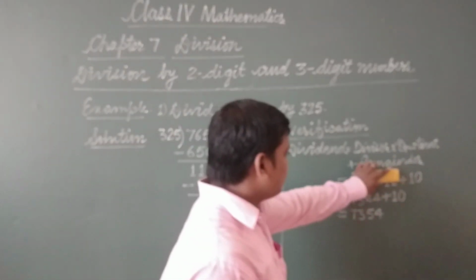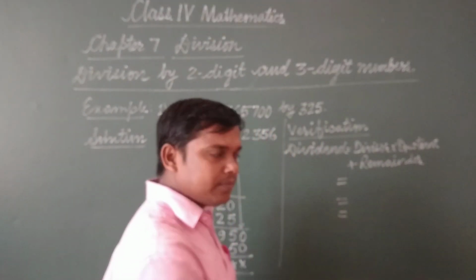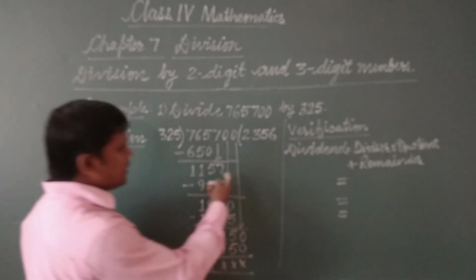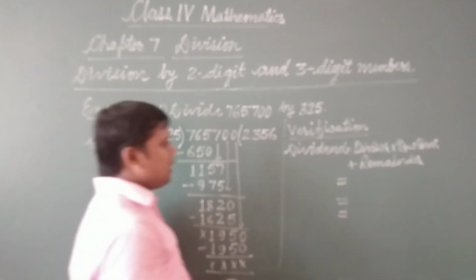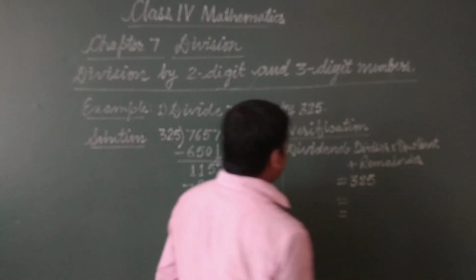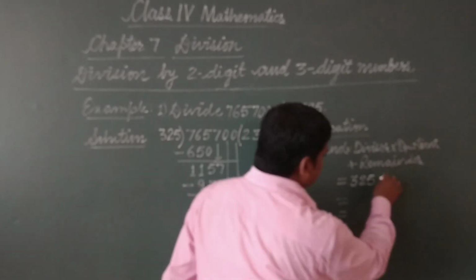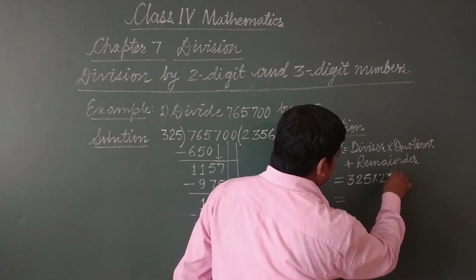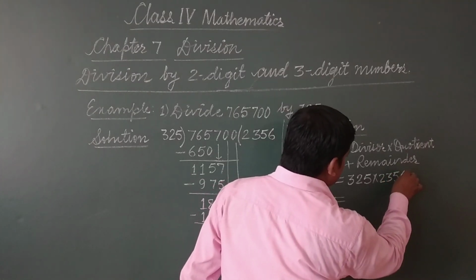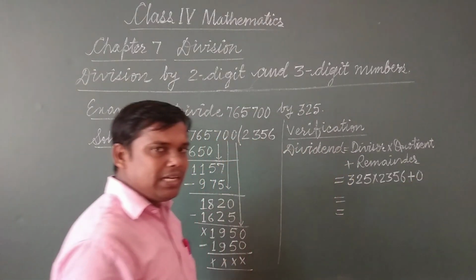Now I am putting in the values. Here we have divisor 325 and our quotient is 2356. 2356 plus 0, 0 is our remainder.